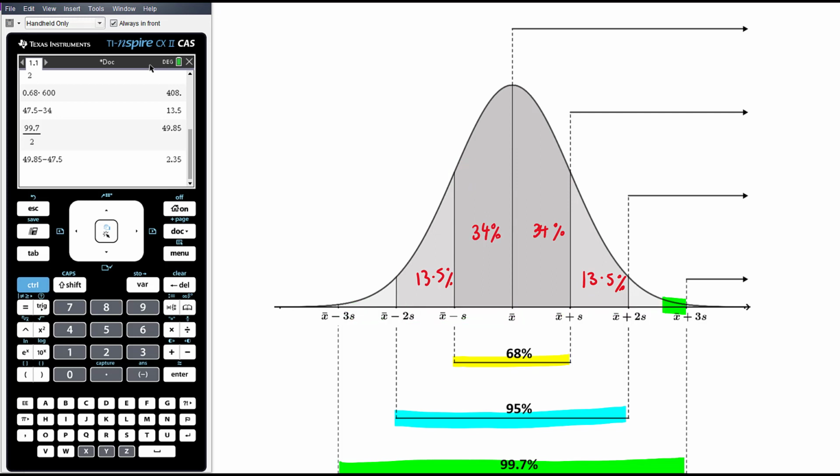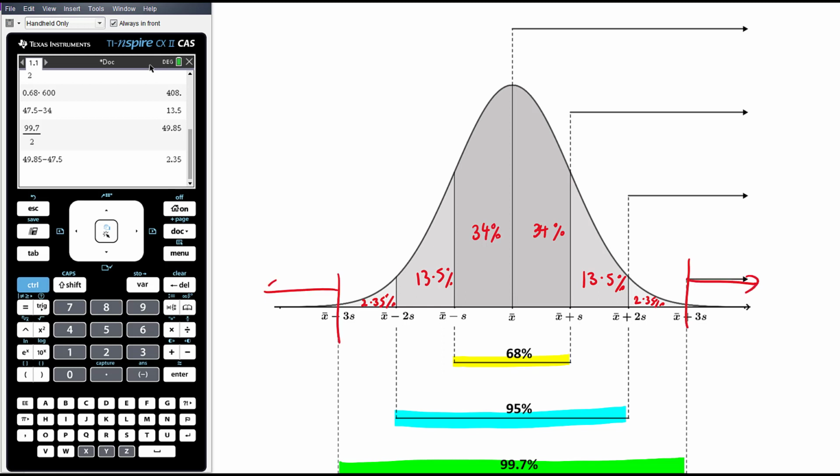So 2.35% in there, and that's not out there forever, that is from there to there. And we've also got 2.35% there. And then we've already worked out these last bits on either side.